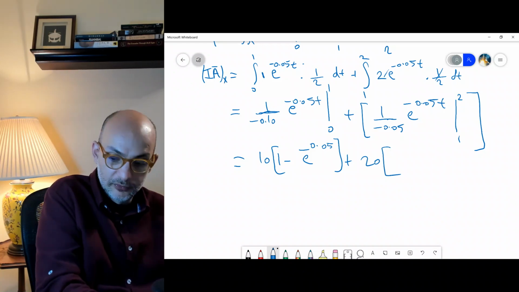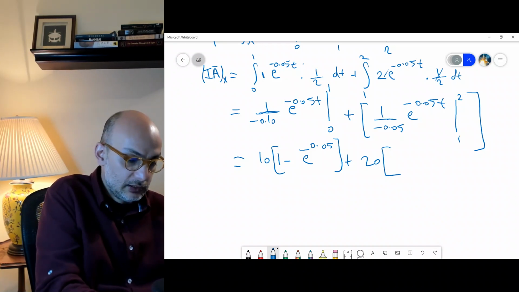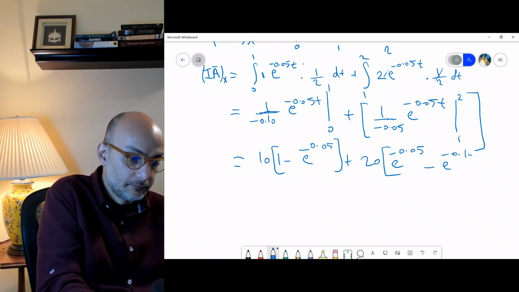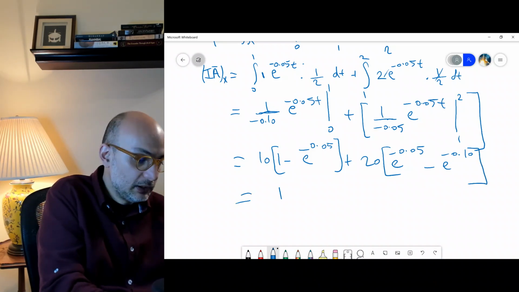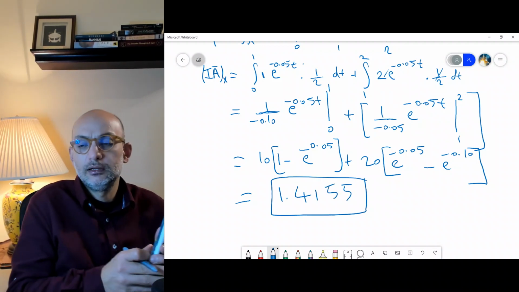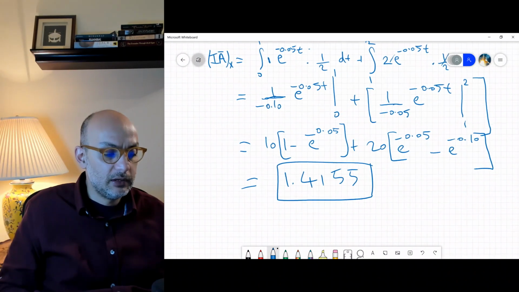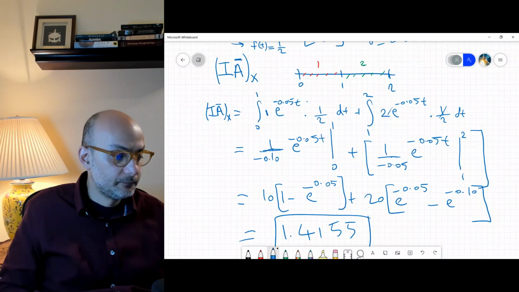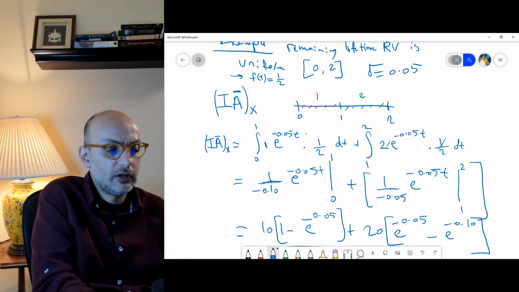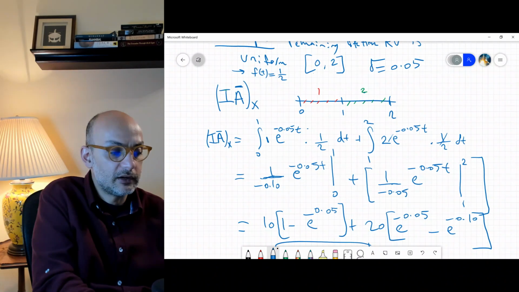If you flip it, it will be e^(-0.05) minus e^(-0.10). If you do the math here, it will be 1.4155. I did it before. So this special increasing benefit costs 1.415. It's always good to visualize it, because once you visualize it, it helps you understand.